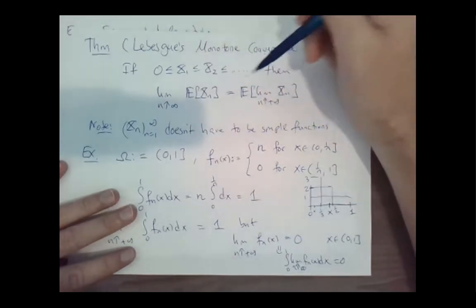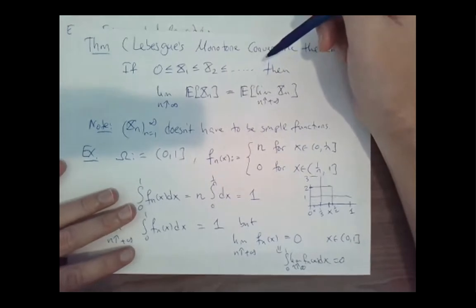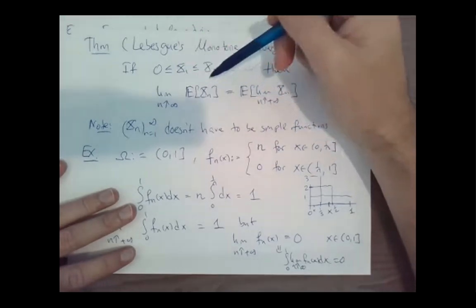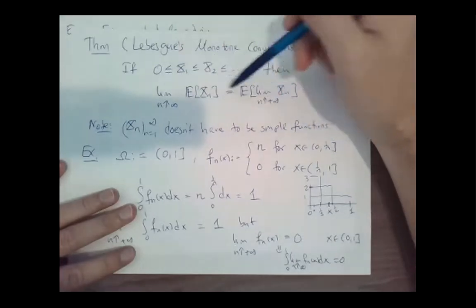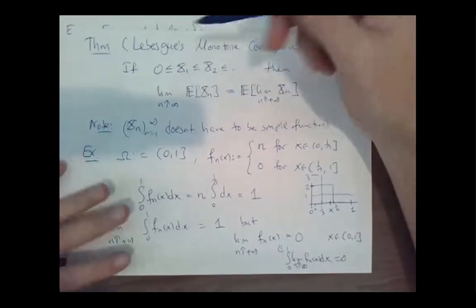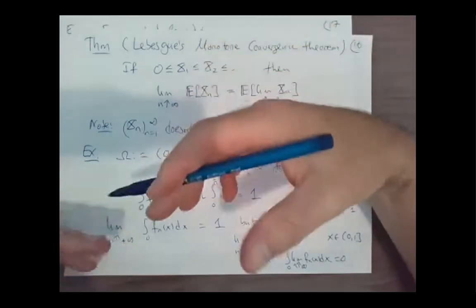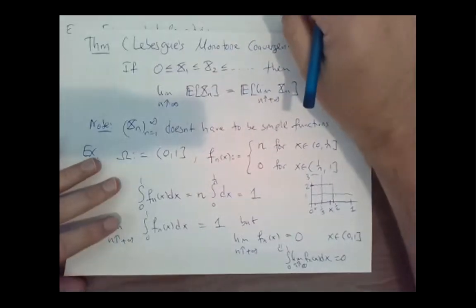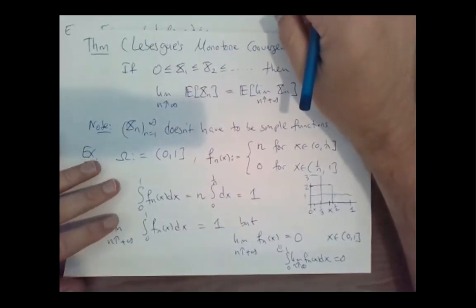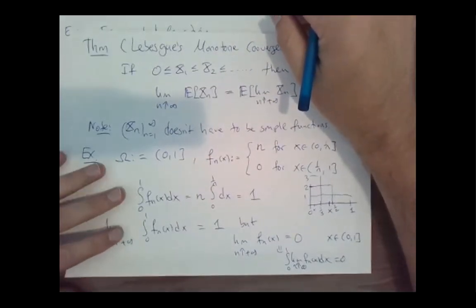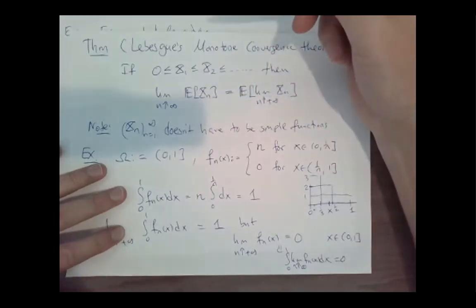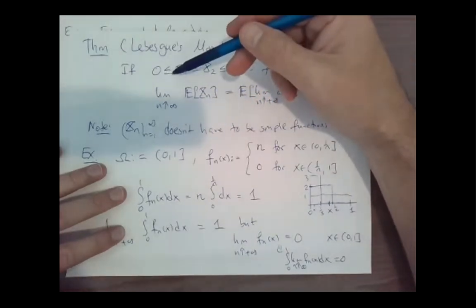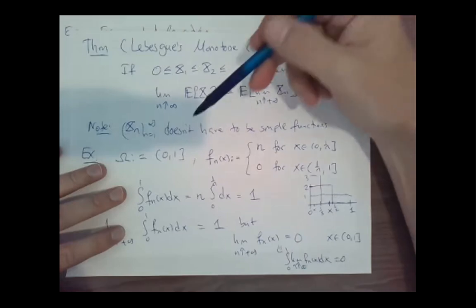But then it would be negative. So if you have a sequence of monotonically decreasing functions, if you can change the sign on them so they become positive and monotonically increasing, then you're good.